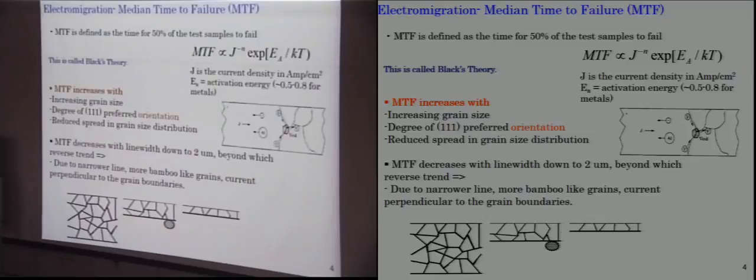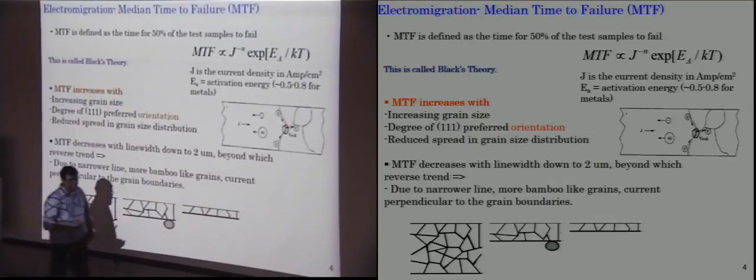That means it will take longer for these devices to fail. Okay. So high current density is a bad idea. And the reason why we have only a proportional sign is because there are other factors involved. These factors can be determined primarily by the grain size, the grain orientation, and the distribution of the grain size you have.